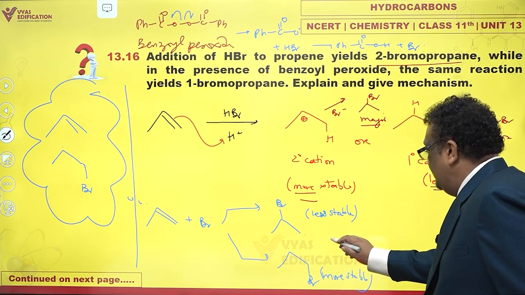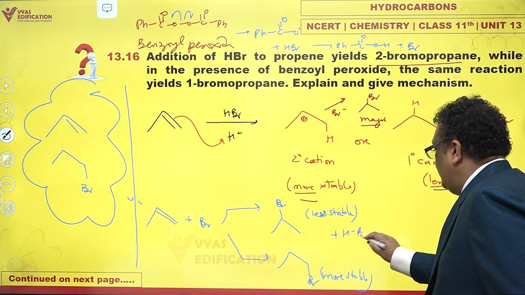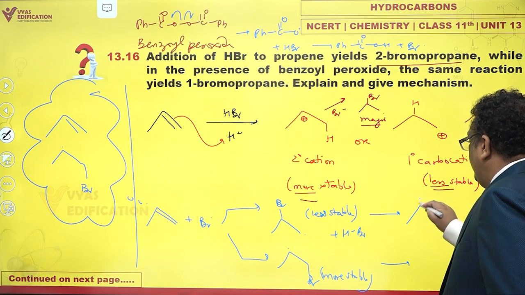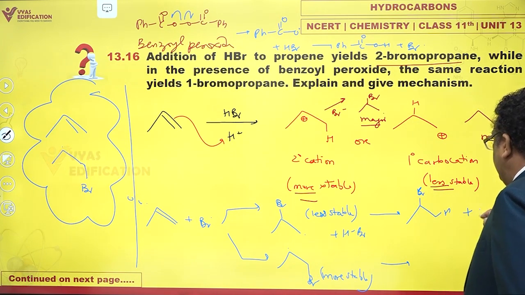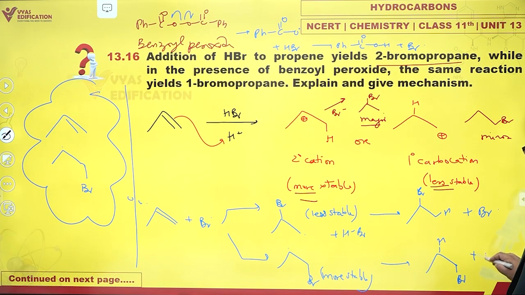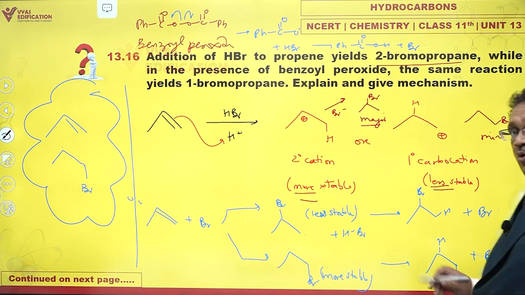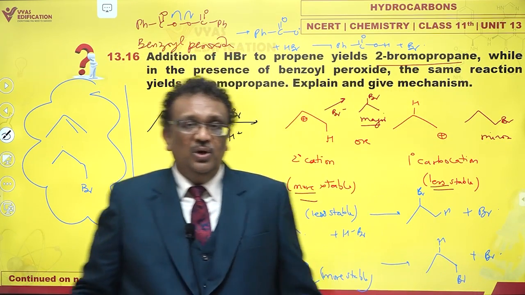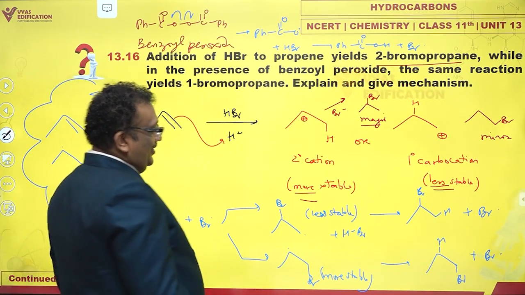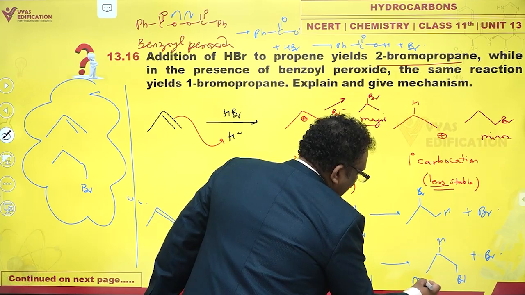And then when HBr comes here, what will happen? This is going to take away one hydrogen, leaving a Br radical again, and this Br radical will go and jump on some other molecule and again add on that. Now do you see that this is the major product?